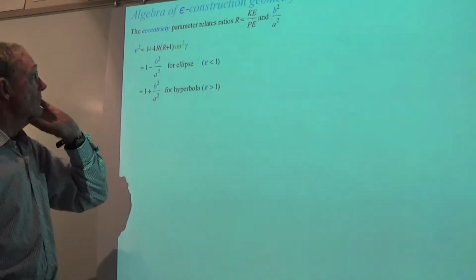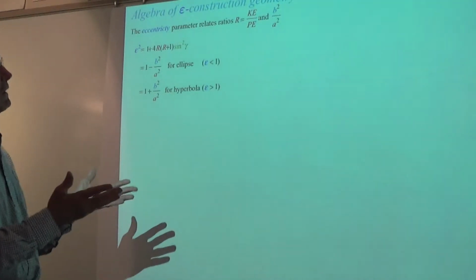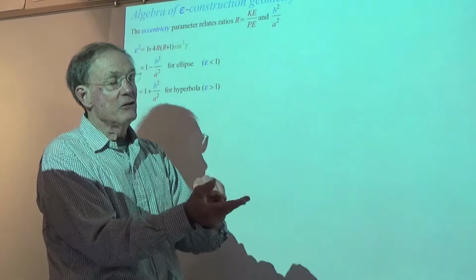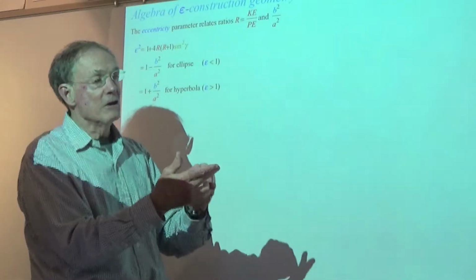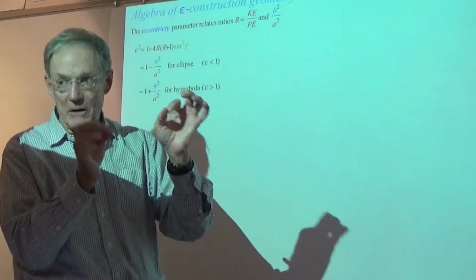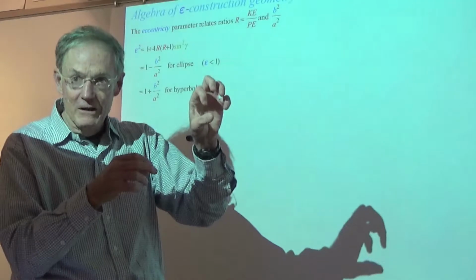So you see, we have now, in addition to A and B, that's Cartesian, and then epsilon and lambda, that's eccentricity and lattice radius. That's sort of the polar parameters.